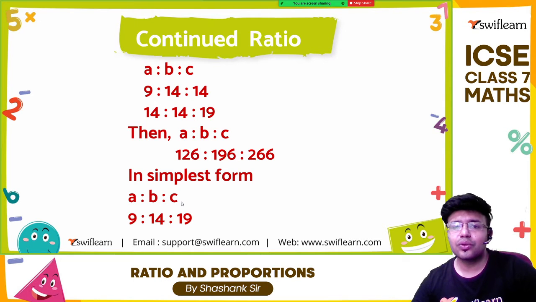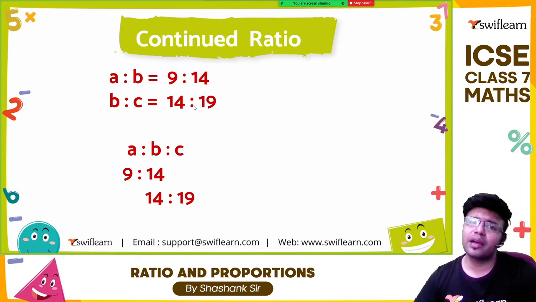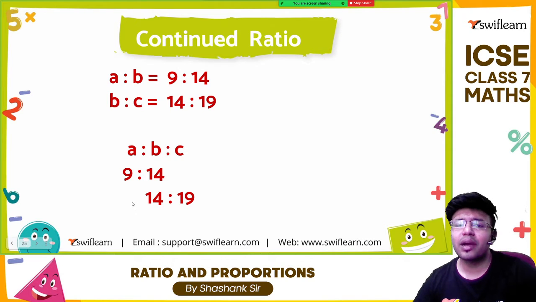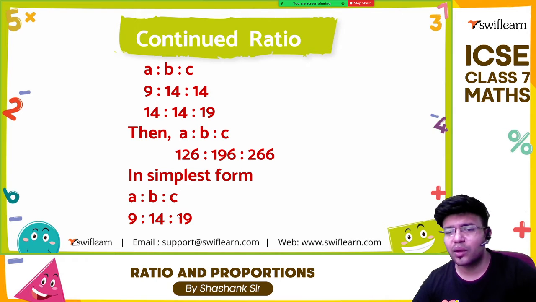If A, B, C are in the ratio of 9 by 14, 14 by 19, then A, B, C is this, in simpler form.